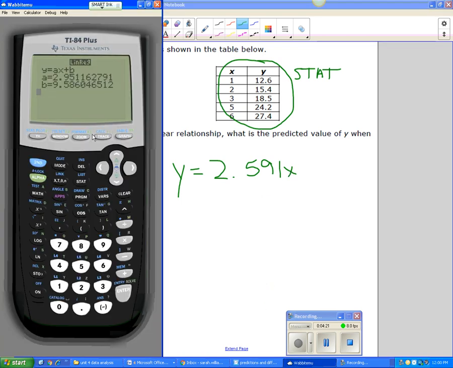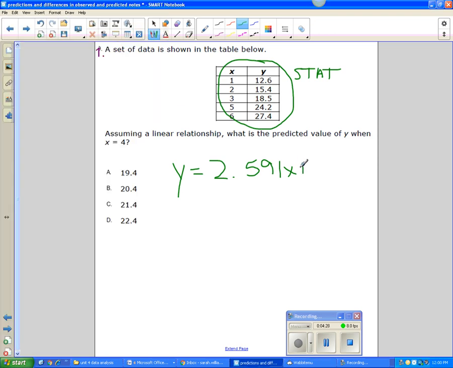Then the calculator says B is 9.586, so plus 9.586. Okay, so you need to write this on your paper. Feel free to pause the video at any time to catch up.